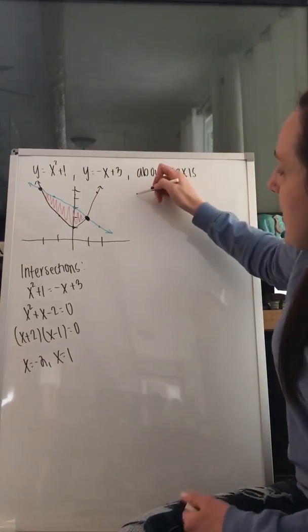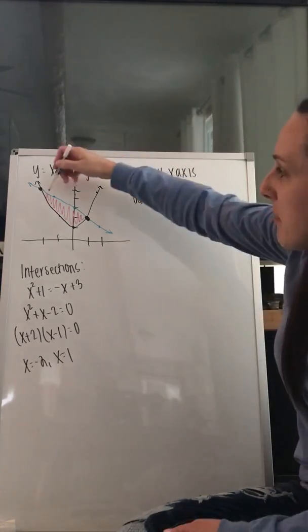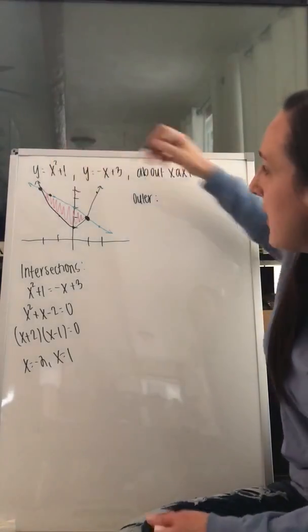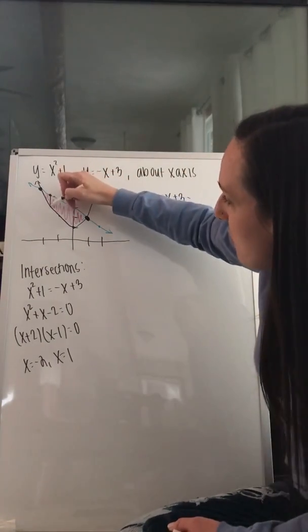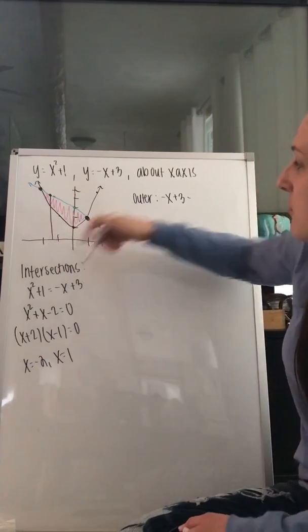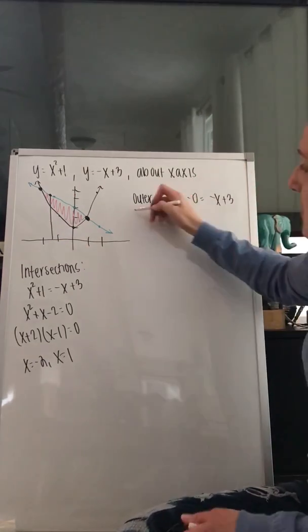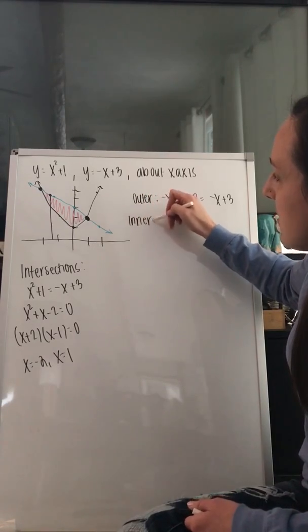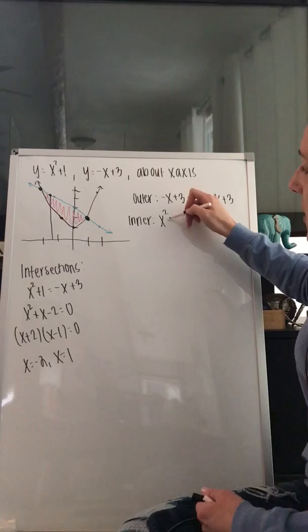So my outer radius, since I am revolving this again about the x-axis, is going to be my top function, which is my negative x plus 3, minus, if I bring that all the way down here, my axis of rotation of 0. So negative x plus 3 is my outer radius. My inner radius is going to be my bottom function, which is my x squared plus 1.